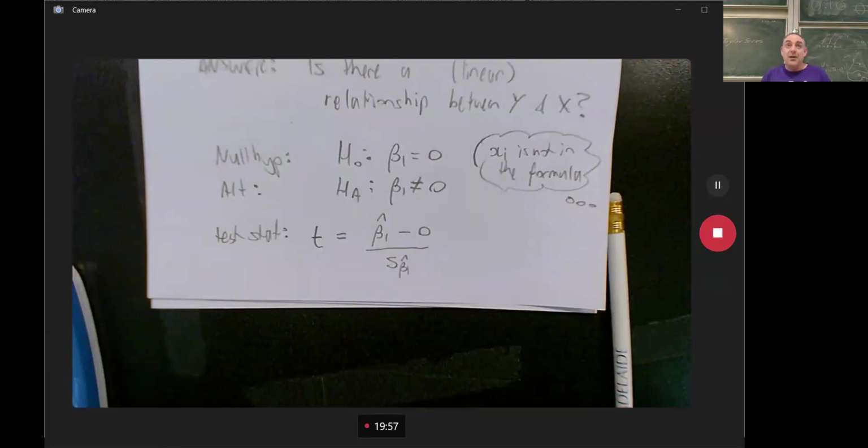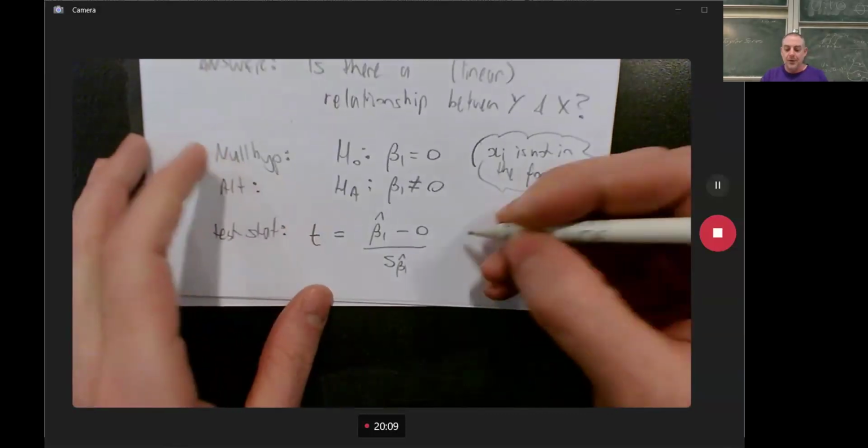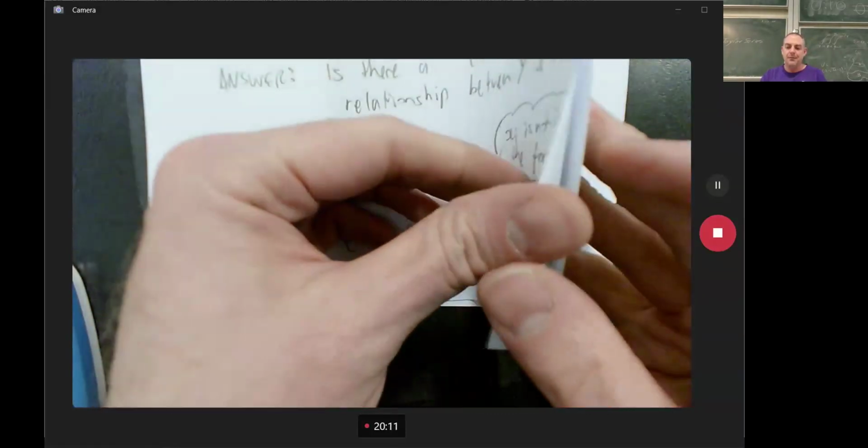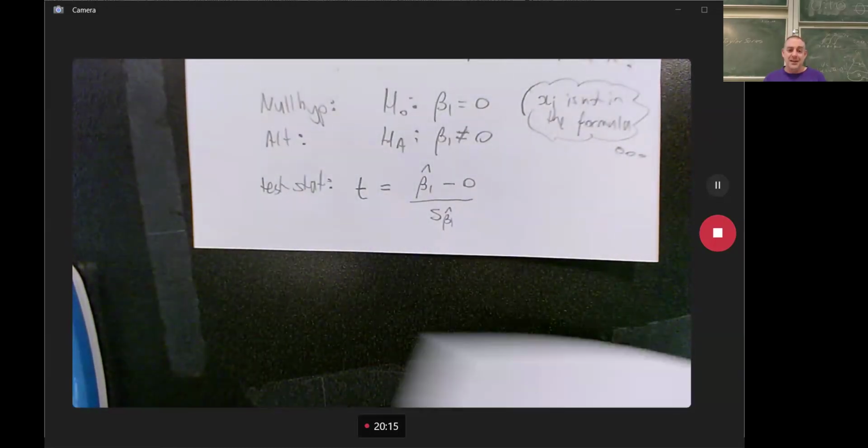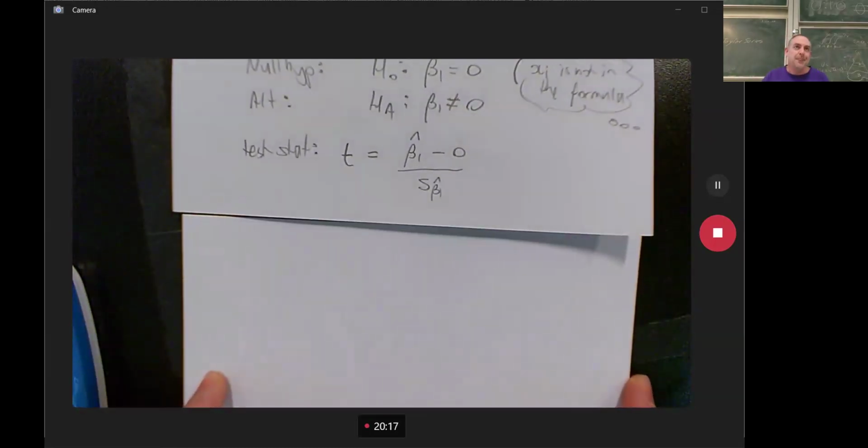And what you have to do is compare that test statistic to all of the other test statistics that could have happened. And those test statistics that could have happened are the t-distribution, which you look up in the t-table. The distribution of t, if the null hypothesis is true, is a t-distribution, which is why it's called t.